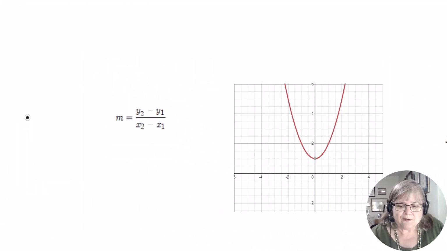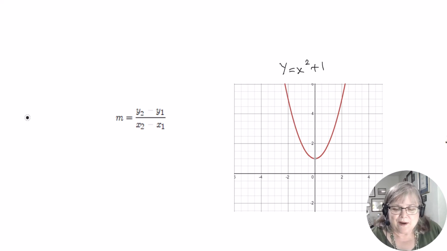So this curve right here happens to be y is equal to x squared plus 1. And the good people at Desmos are letting me use their graphs, so I want to give credit where credit's due. And let's say that I just want to talk about the slope at this point right here, which is (1, 2).